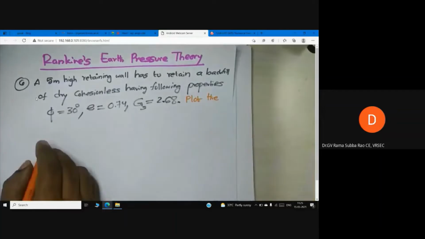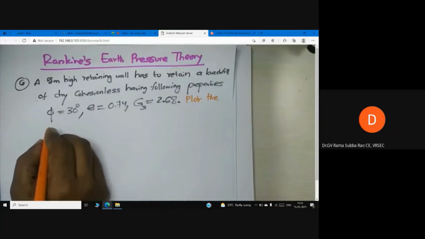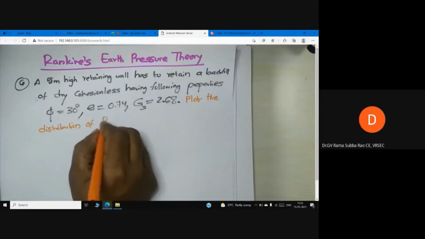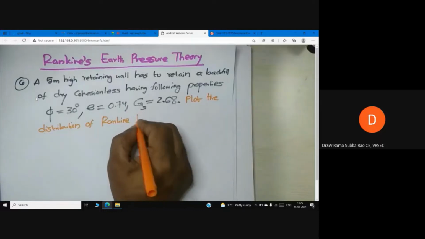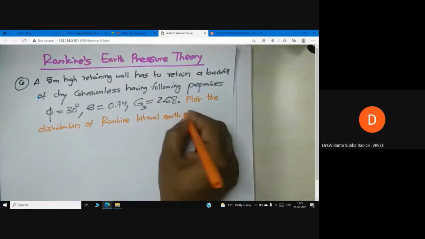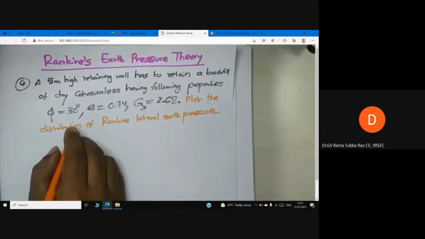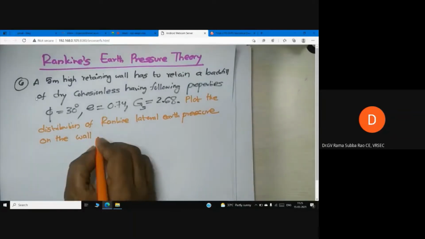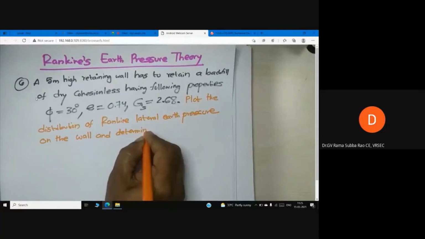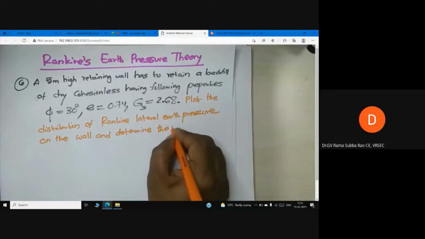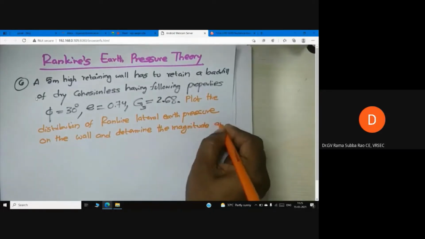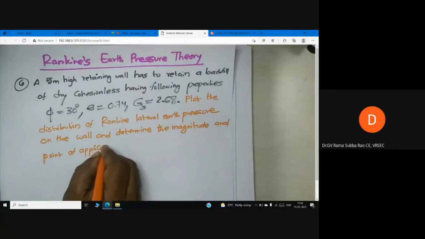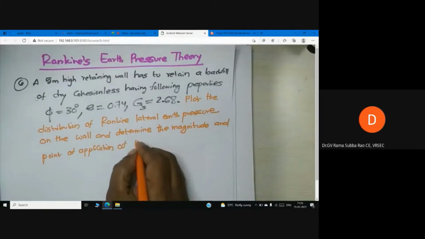Plot the distribution of Rankine lateral earth pressure on the wall and determine the magnitude and point of application of the resultant thrust.